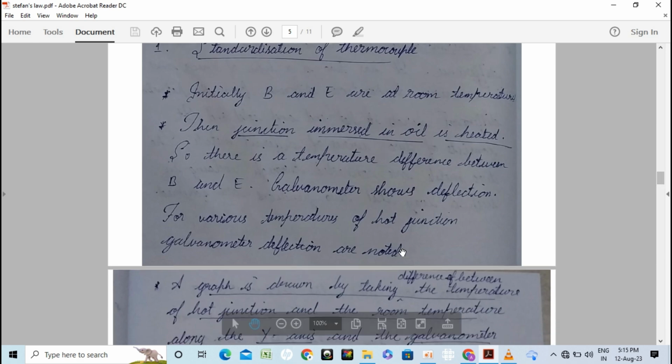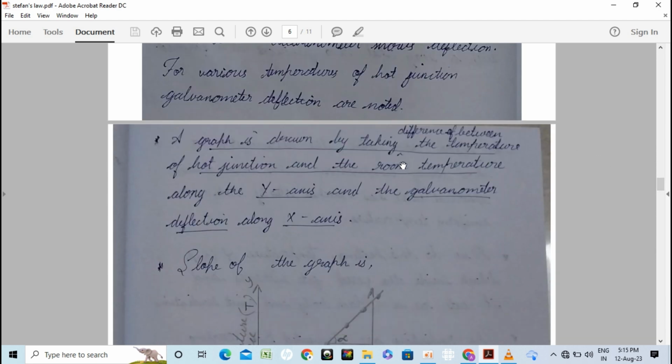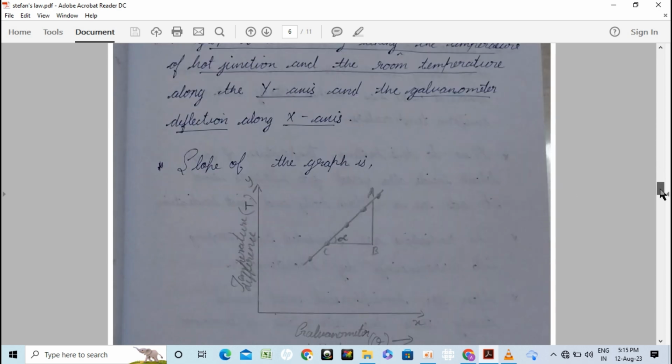For various temperatures of the hot junction, galvanometer deflections are noted. Then a graph is drawn by taking the difference between the temperature of the hot junction and room temperature, that means the cold junction, along the y-axis and the galvanometer deflection along the x-axis. So this is how we get the graph.